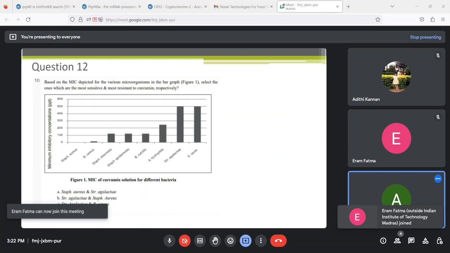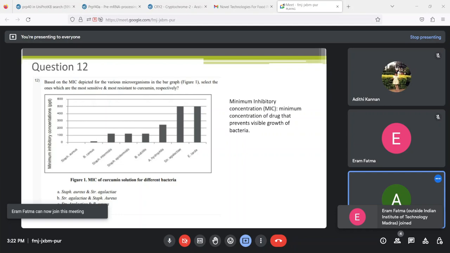Before we go ahead, do you have any clue what MIC is? What is the definition of MIC, or minimum inhibitory concentration? This was also discussed in the assignment question of this week. Minimum inhibitory concentration is the minimum concentration of the drug or any compound that prevents the visible growth of bacteria.